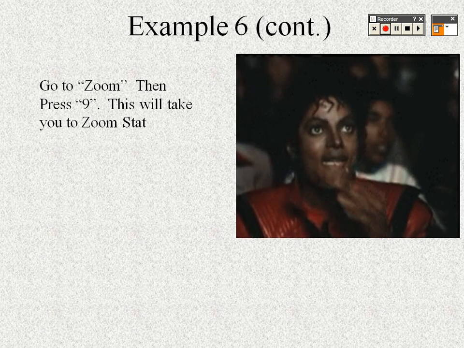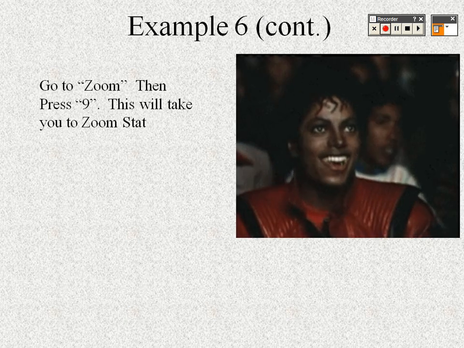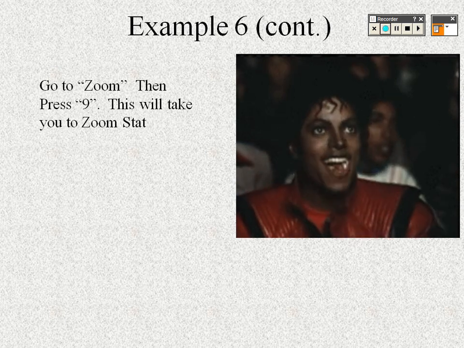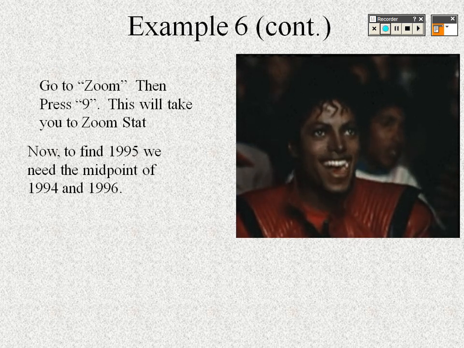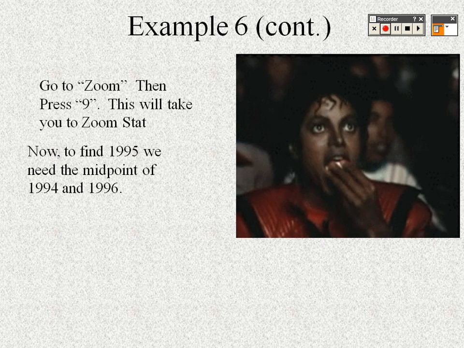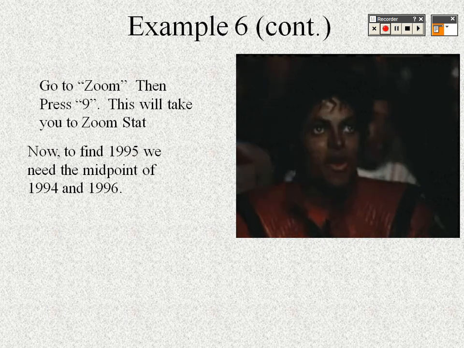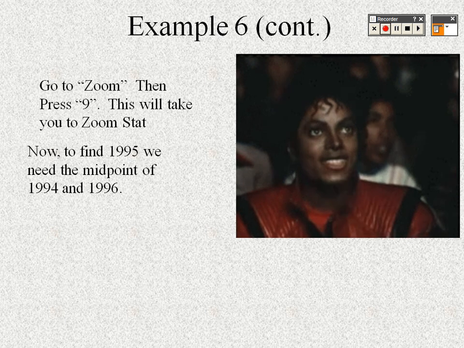Then you go to zoom and 9, and that will zoom to fit your statistics. Zoom 9 is zoom stat, and you get to see what the plot looks like. From there, you can see where all those different points went up, so you can see a trend. However, for 1995, we need to find the midpoint of 94 and 96.